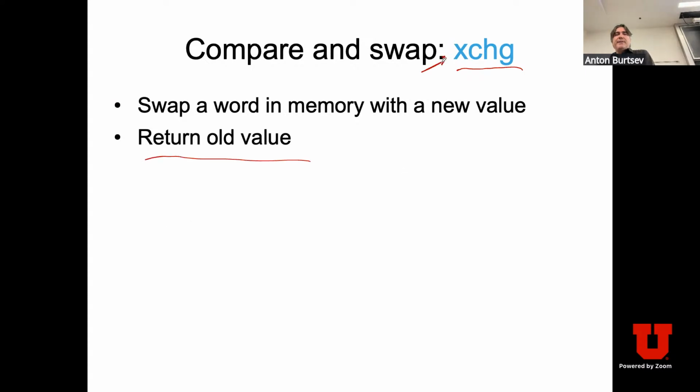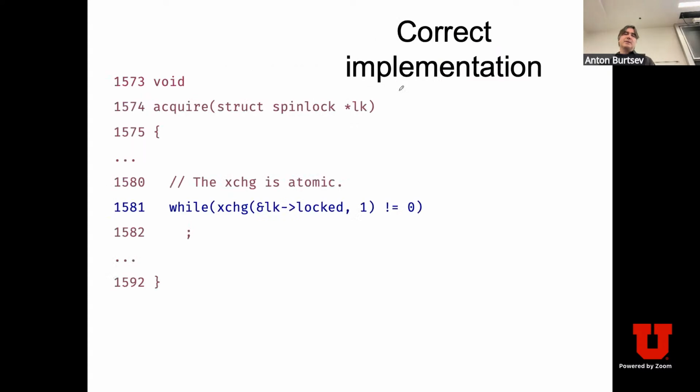In fact, exchange itself is not atomic, but there is an atomic prefix which x86 implements. It's a lock prefix which makes this instruction atomic. The way it works is the following, and it's similar to what you were trying to say. Instead of just doing a check, they try to exchange this locked variable with a new value of 1. Since this exchange returns the old value atomically, it will return either the old value 0 or maybe 1, right? If it's 1, they keep spinning.